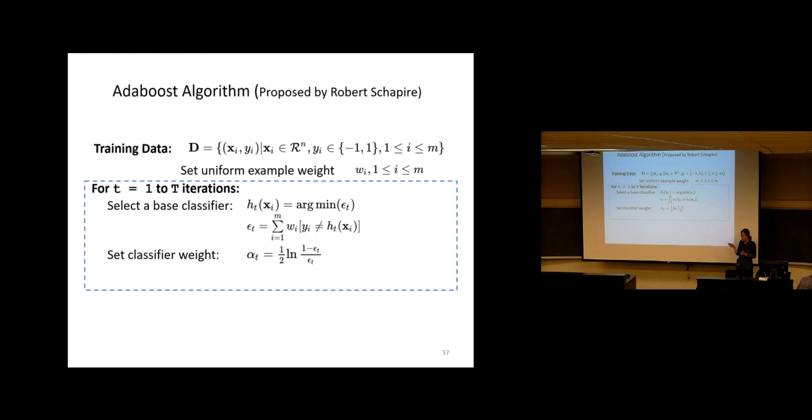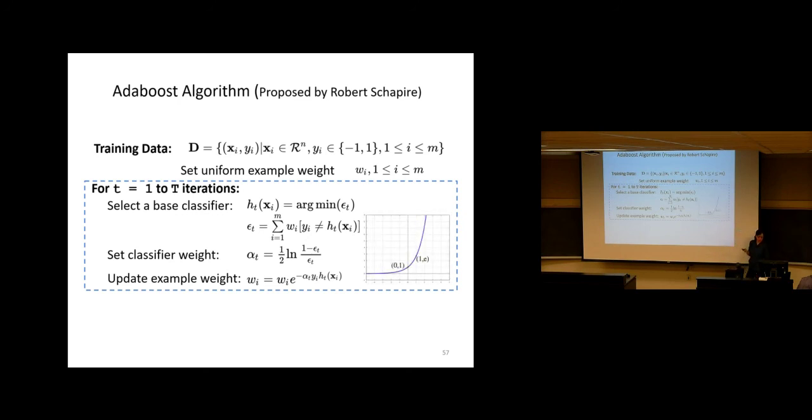It's controlled by the error you just got from the specific base learner you just learned. You are also updating the weights on each example based on your current predictor. If it made a wrong prediction, you give really high weights to those examples predicted wrongly.